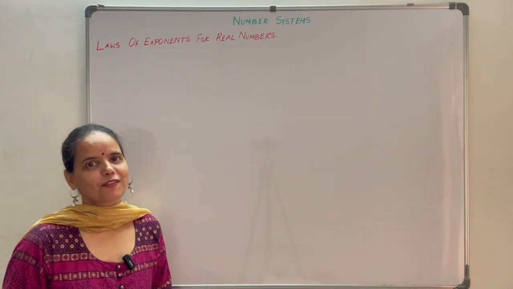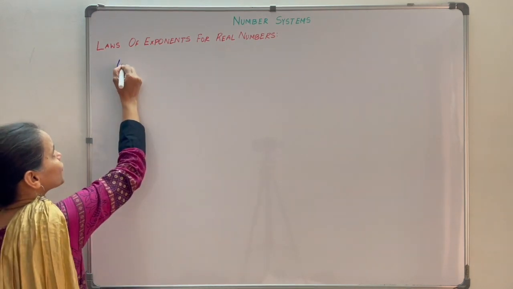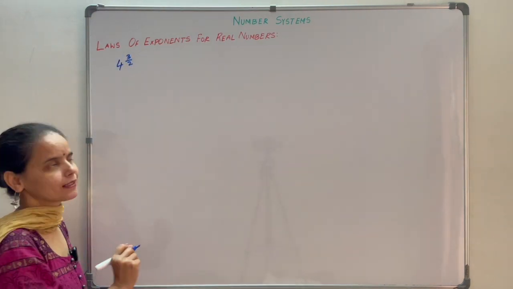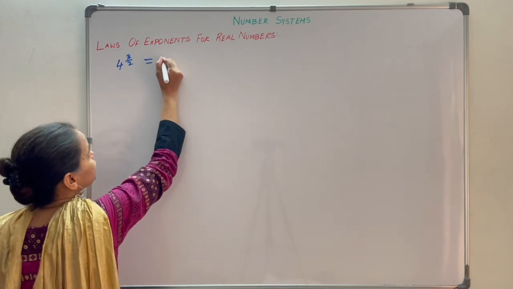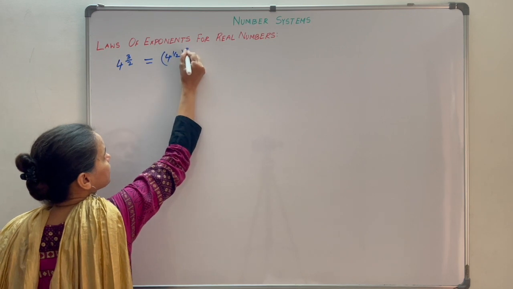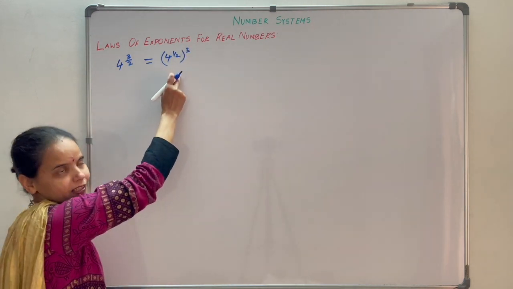Now suppose you have to solve 4 raised to power 3 by 2. There are two ways to solve this. One way is 4 raised to power 1 by 2 whole raised to power 3. How have I rewritten it like this?